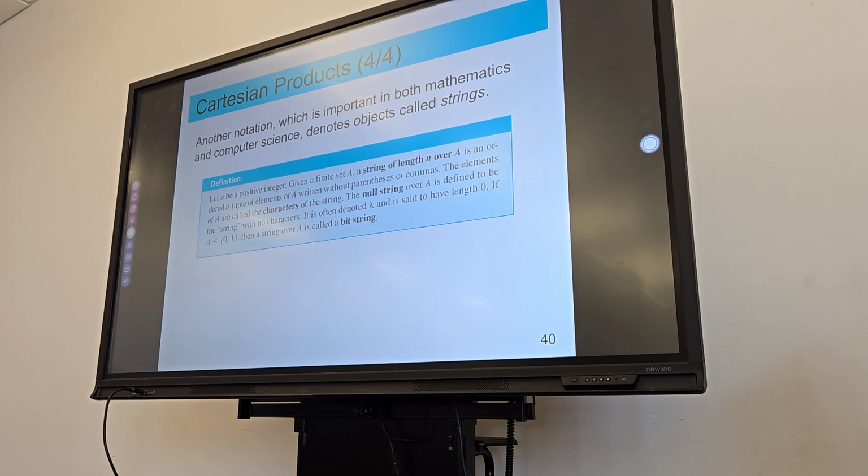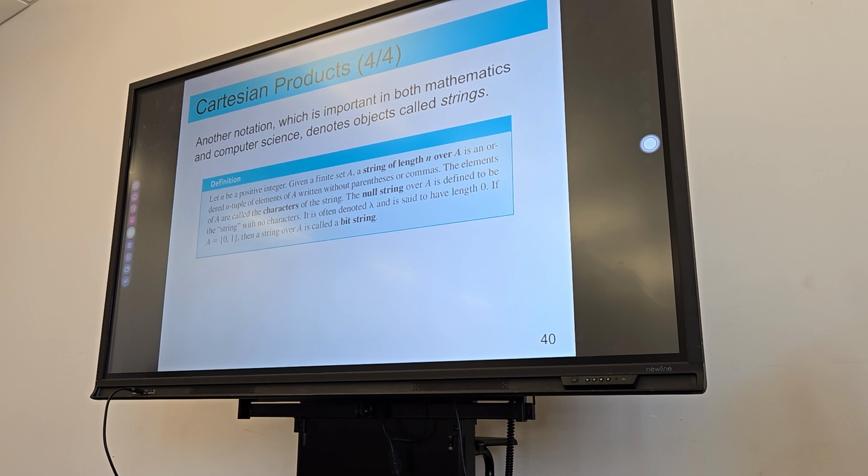Another notation, important in both math and computer science, strings. A string of length n over some finite set A is an ordered n-tuple of elements of A written without parentheses or commas.